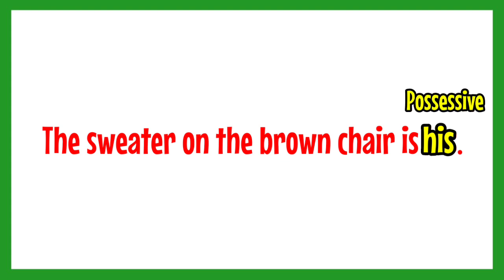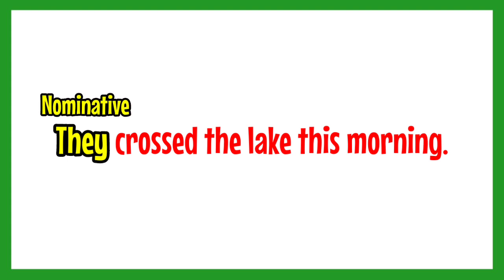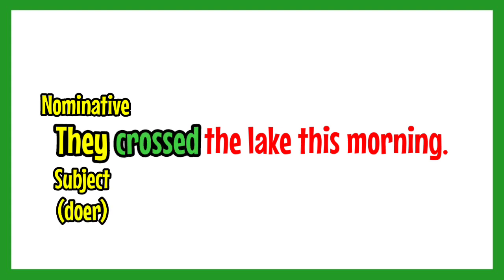It shows ownership, particularly the owner of the sweater. Next, they crossed the lake this morning. The pronoun in the sentence is they, and it is in the nominative case because it is the subject in the sentence, the doer of the action, which is crossed.